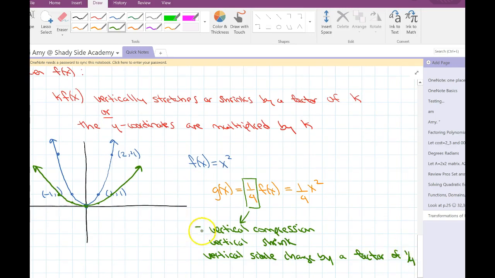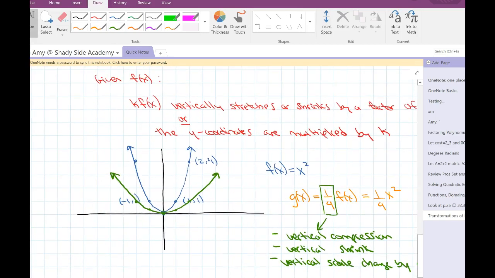All of these phrases are synonymous. And if you look at the parabola, it has kind of shrunken vertically. Now, I know some of you are looking at it and saying, Miss Yam, isn't a vertical shrink considered the same thing as a horizontal stretch? And the answer is yes, but it's not always obvious what that connection is. And I'll talk about that a bit more later on, not quite this second.